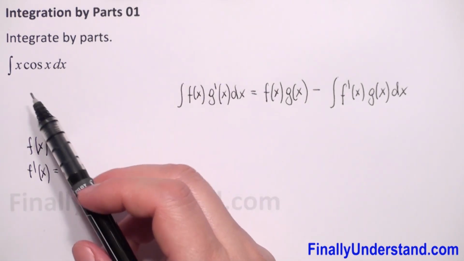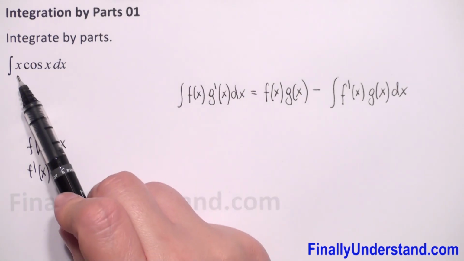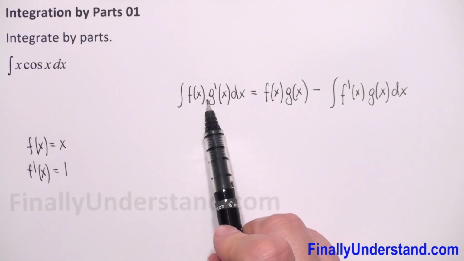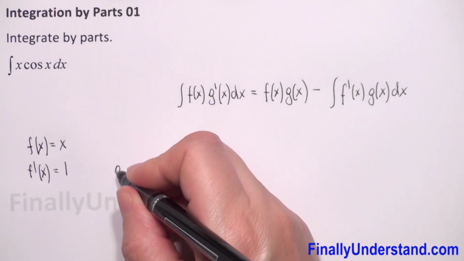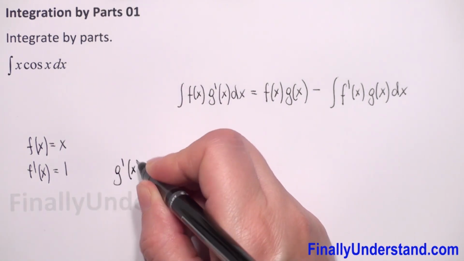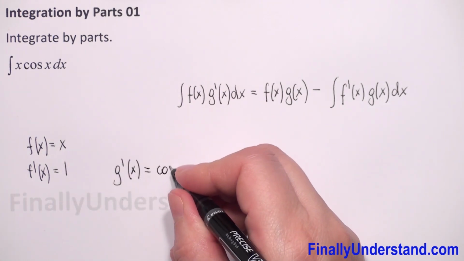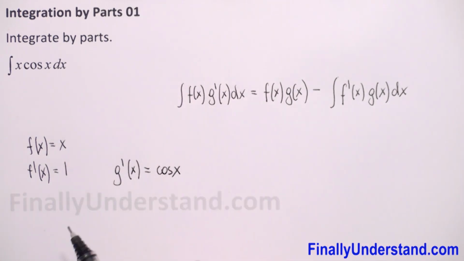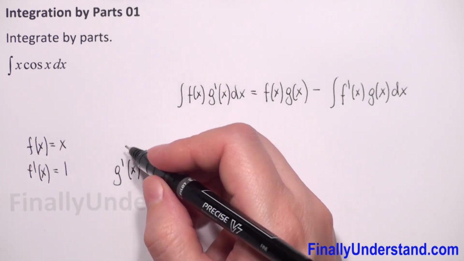Now we have our f of x equals x. What's left is our g prime of x. We have g prime of x equal to cosine of x. So now we need to find the antiderivative of cosine of x.